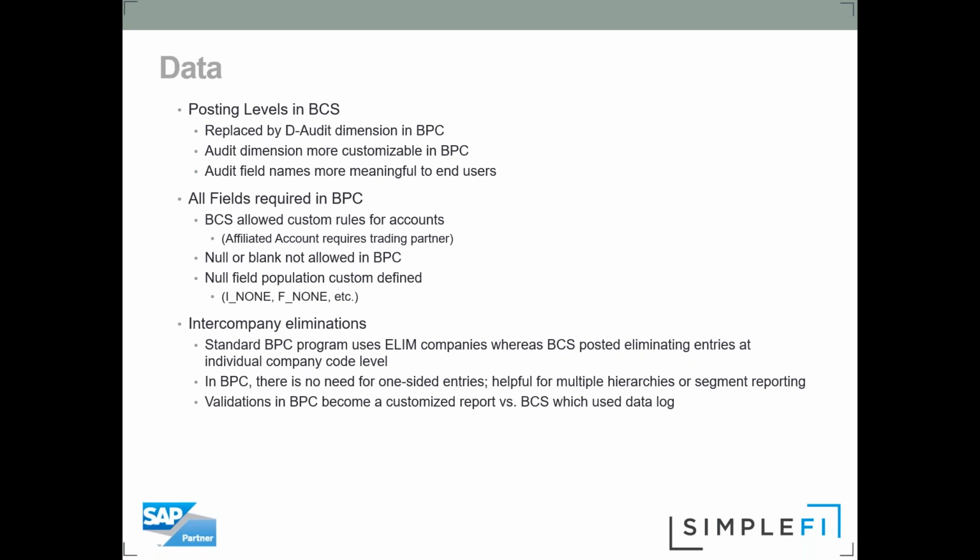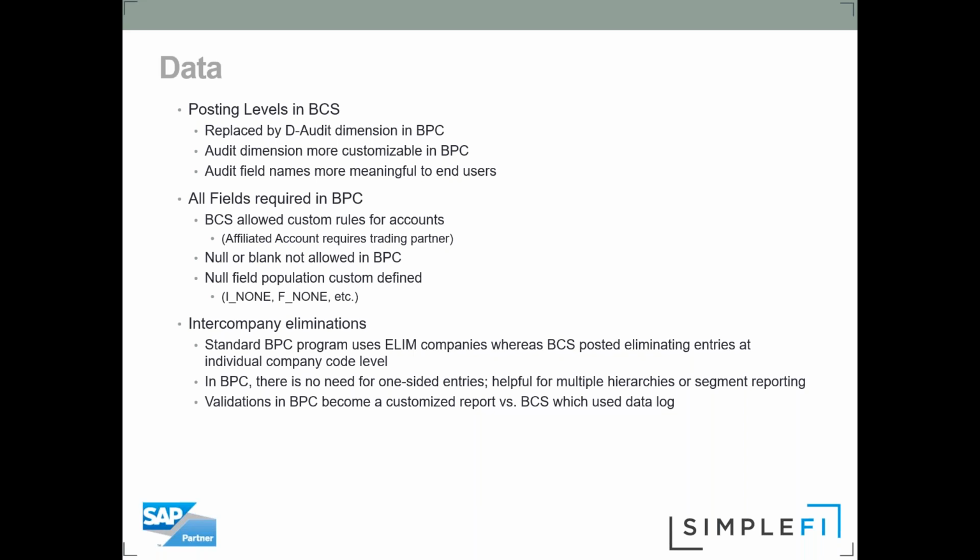What is also not available in BPC is null or blank records or fields. So something has to go to every dimension. If there is no intercompany, it might be non-intercompany, or intercompany none.